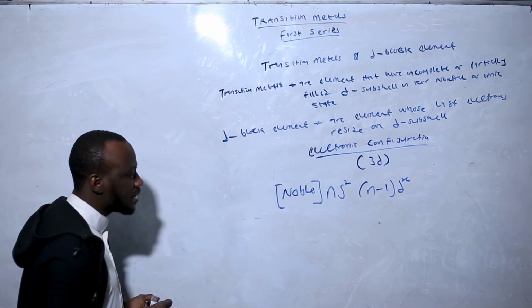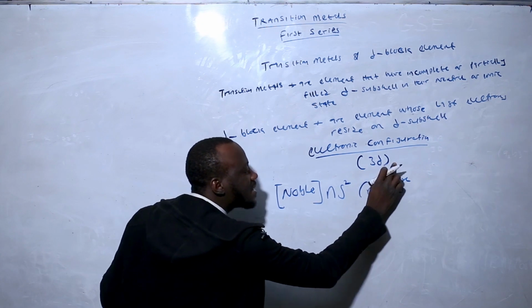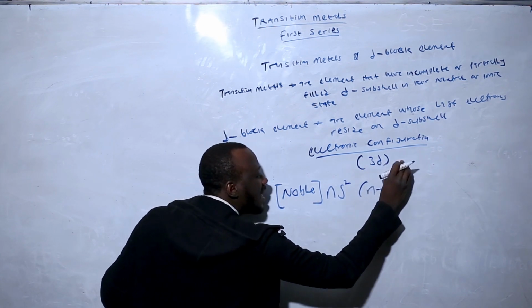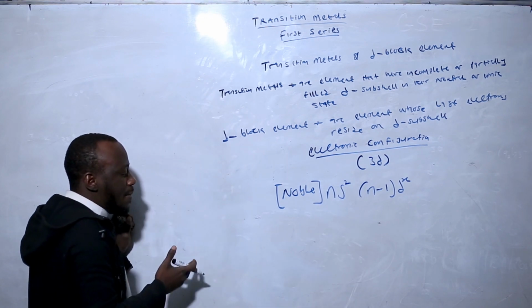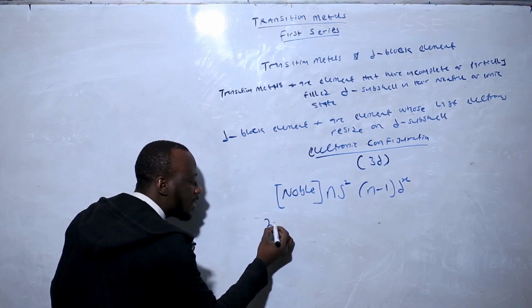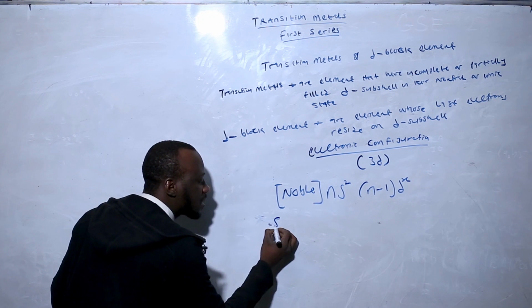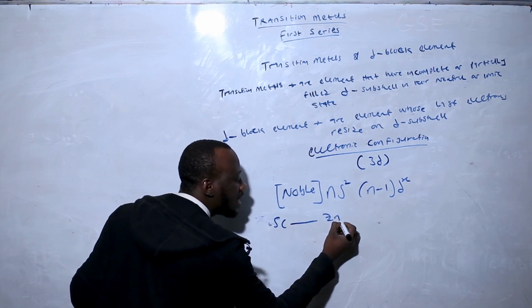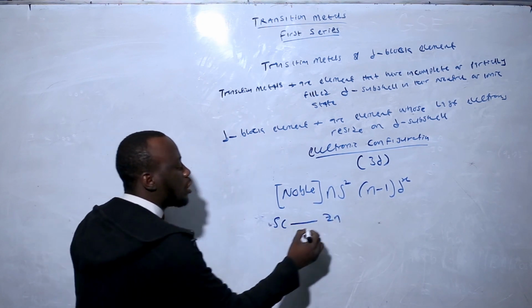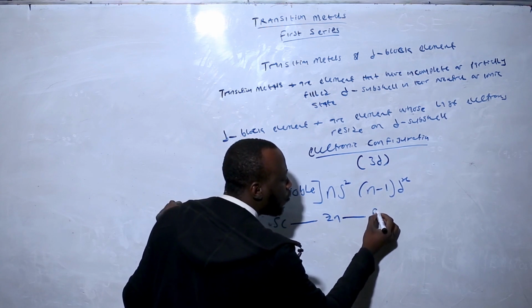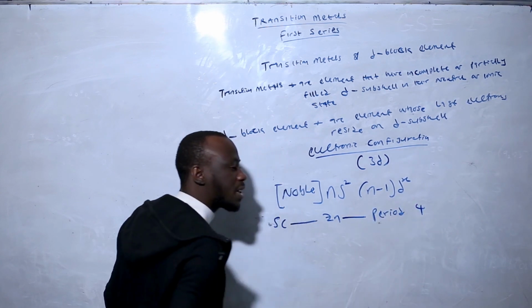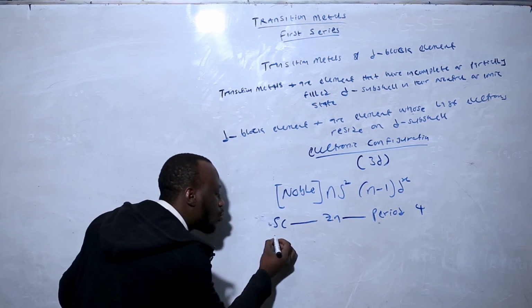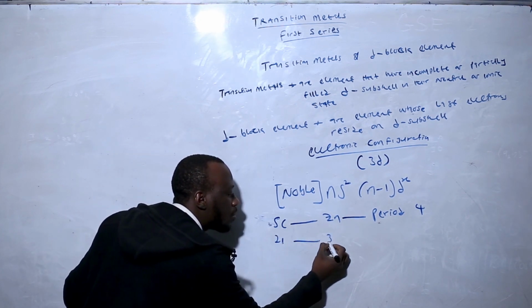So now in this case, for the first series, the 3d series, all these elements from element number 21, scandium, to zinc, belong to period 4 in the periodic table, meaning from number 21 to number 30.